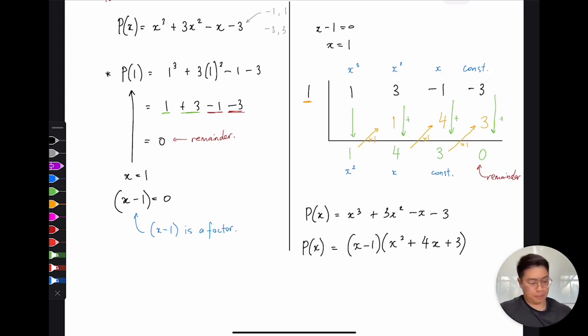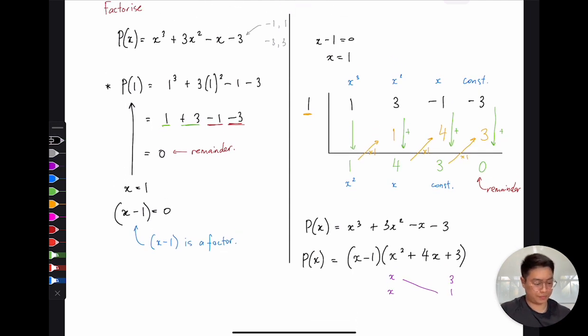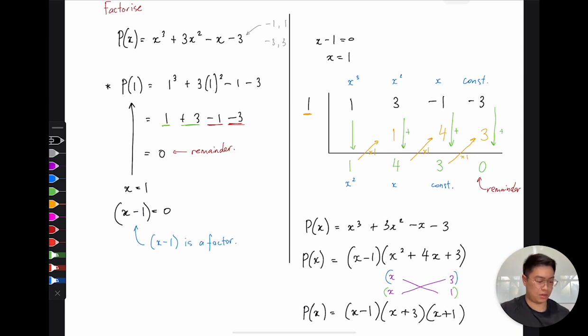One more step, we can factorize this quadratic expression using the cross method. It's not the only method, but it's my method of choice. And we end up with the product of 3 linear factors. Remember, read the brackets horizontally: x plus 3 and x plus 1.